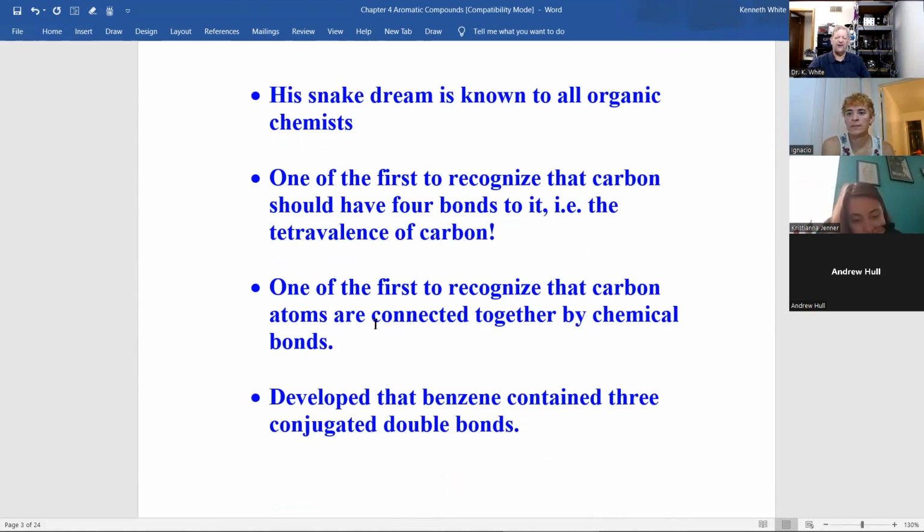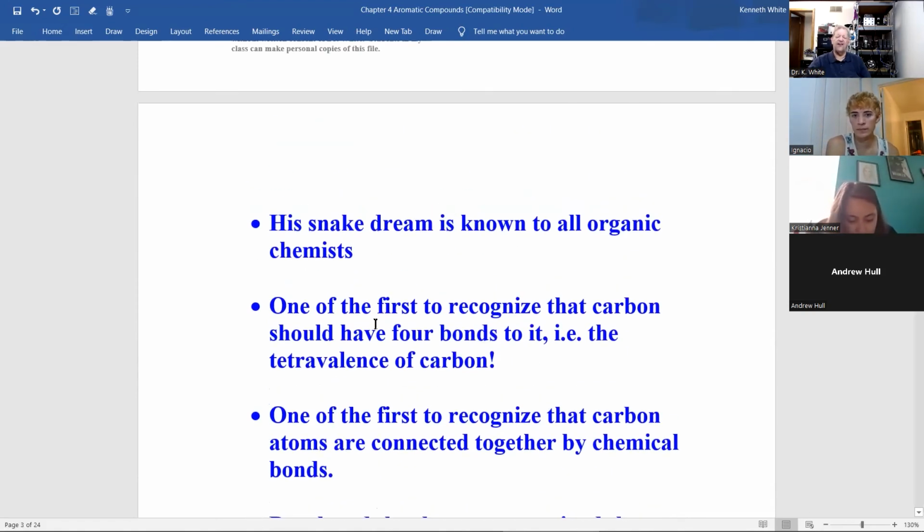Now, if you talk to an organic chemist and say Kekulé, they'll know about benzene, and they'll also remember his snake dream. Snake dream? Well, he came up with the structure of benzene when he was very young, but years later, when he was in his 60s or 70s, someone at a symposium asked him, how did you solve the structure of benzene?